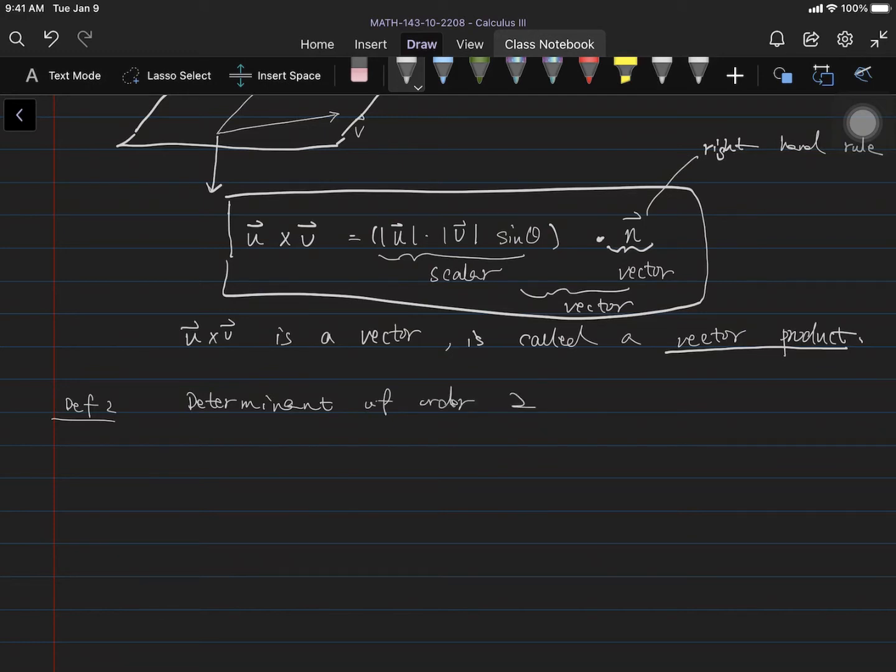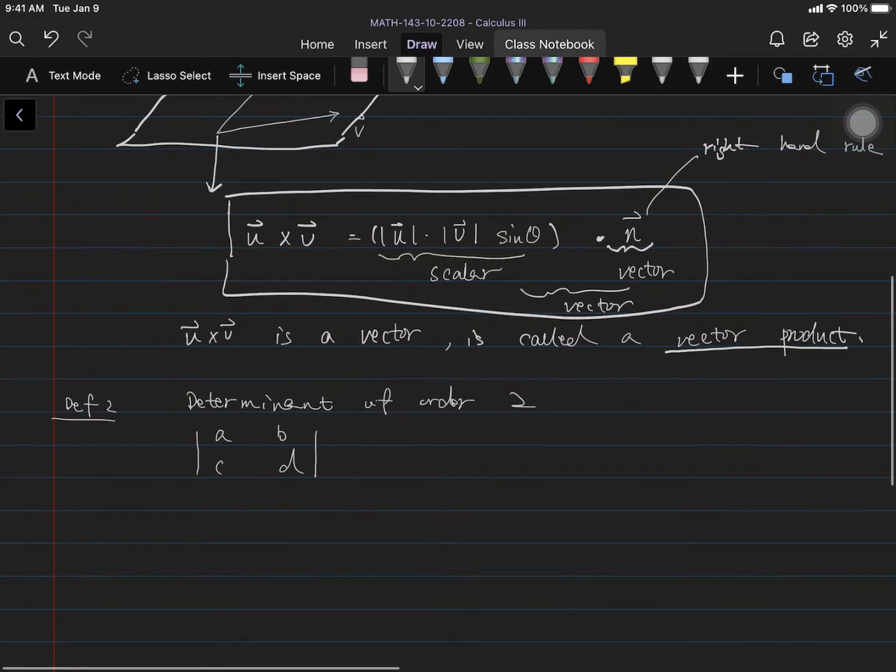Actually, a determinant is for a matrix. A matrix is an array of numbers. You can see a, b, c, d. This is a 2 by 2 matrix, and we write the determinant this way. The calculation uses this formula: a times d minus b times c.